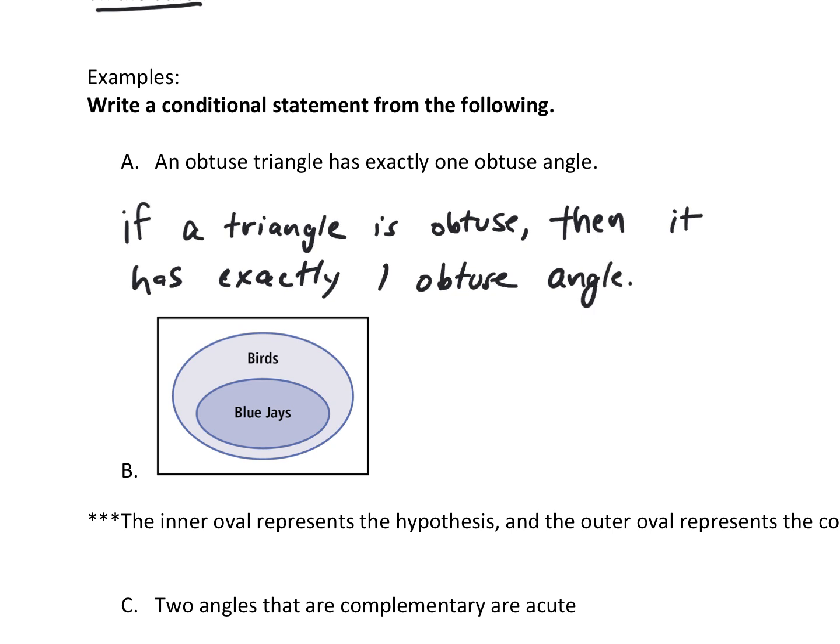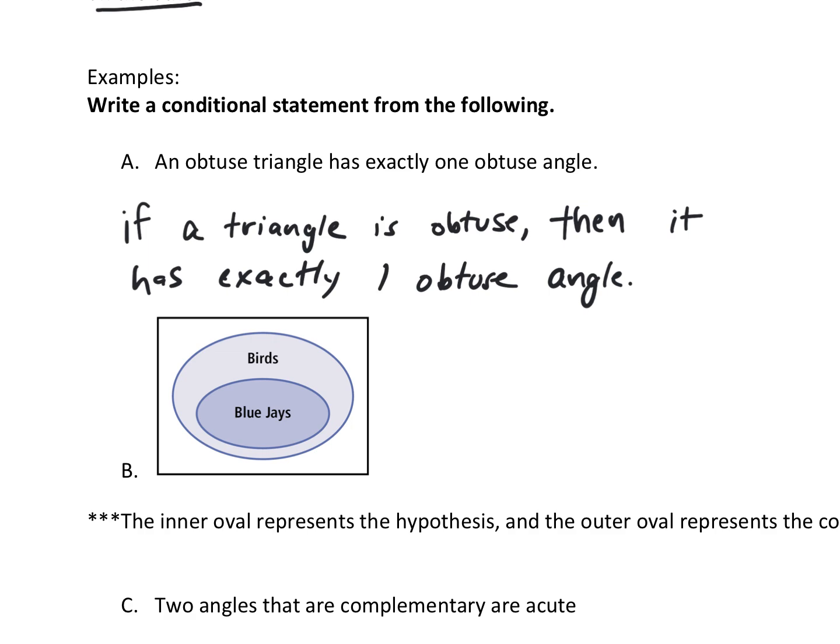It has to go in that order because exactly one obtuse angle is our conclusion, because we need to have an obtuse triangle in order to have any obtuse angles at all. Let's look at another one.